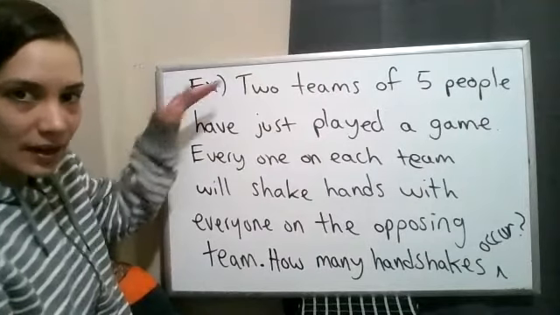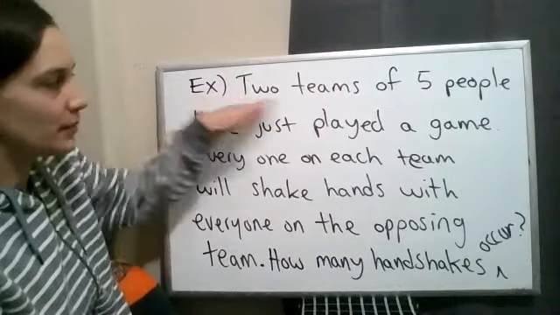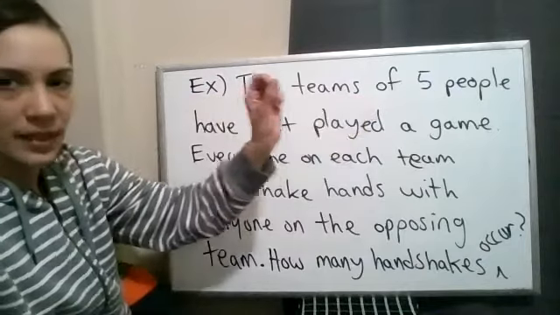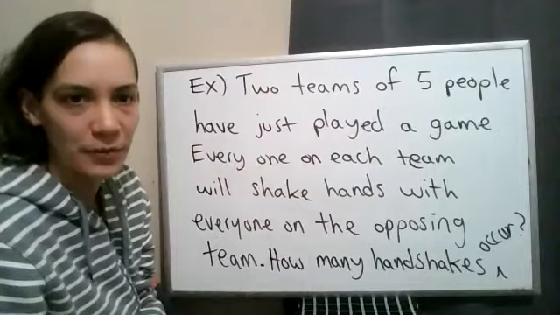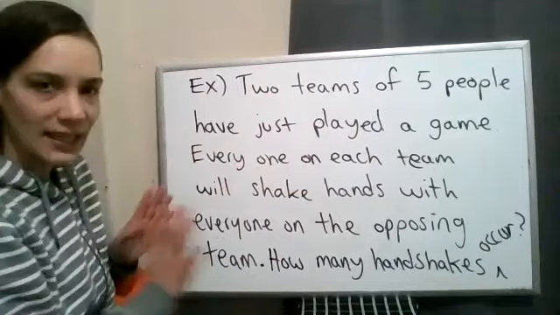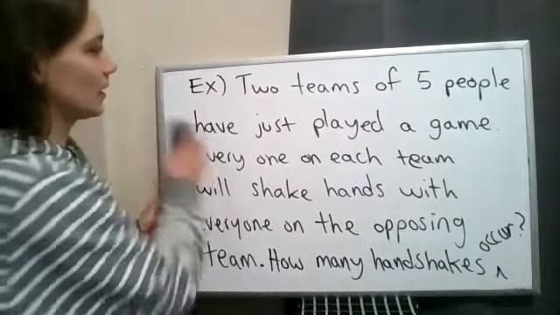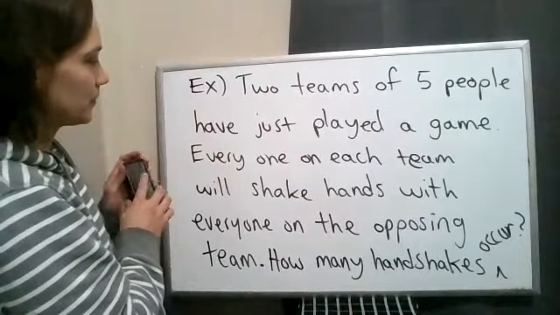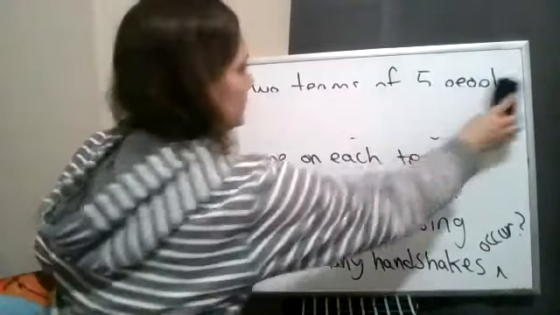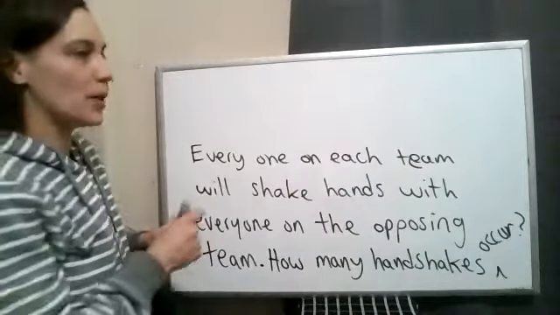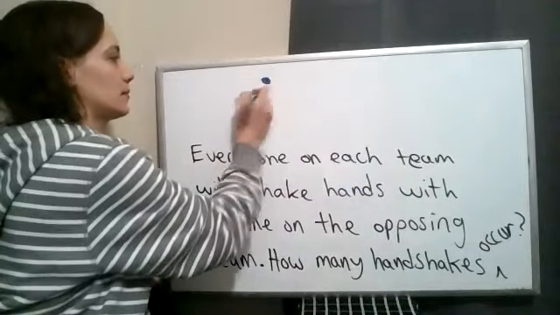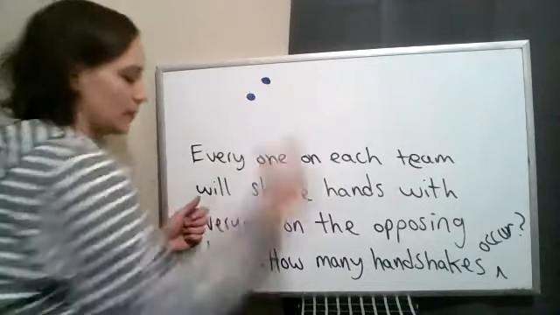So we're going to draw a team with 5 people, and those are like 5 dots. And the other team will be my other group of 5 people, kind of like next to them. Okay, start with team number 1.